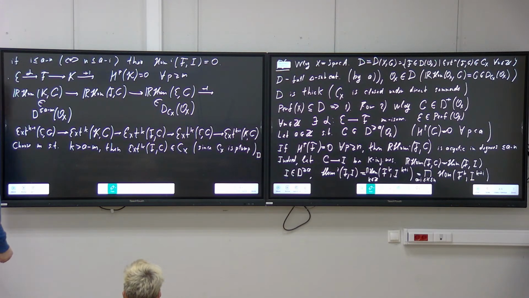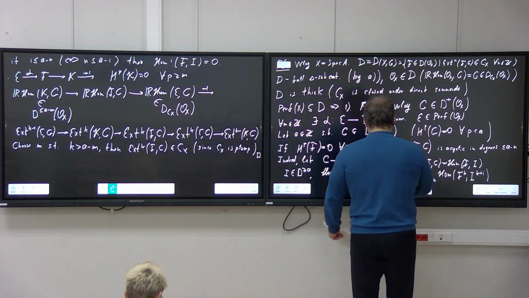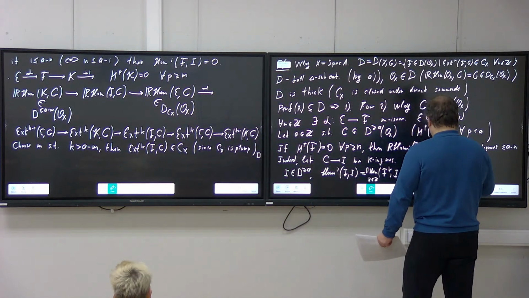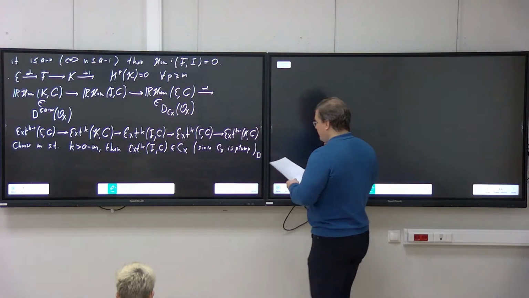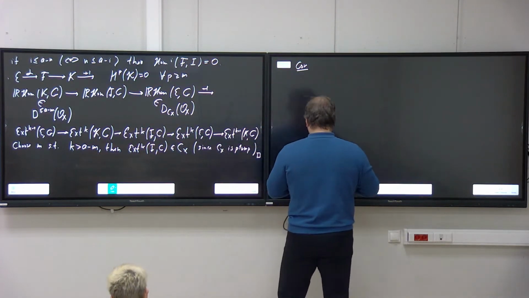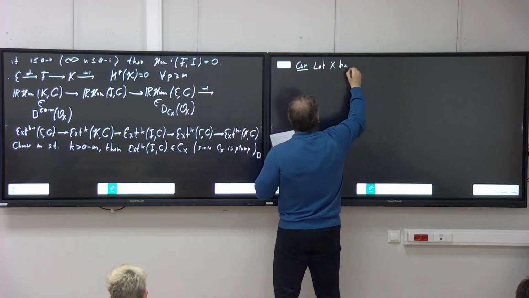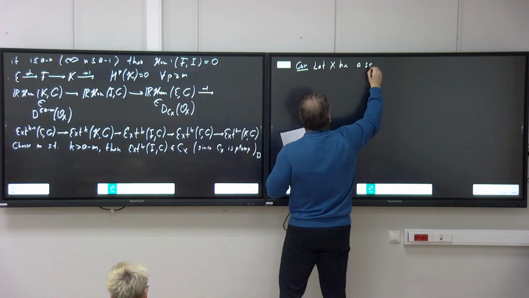Okay, but anyway, that's just one general statement, and from it I want to derive a couple of observations, a corollary, which I'm not going to prove because I think it's quite easy. So let X be a scheme.